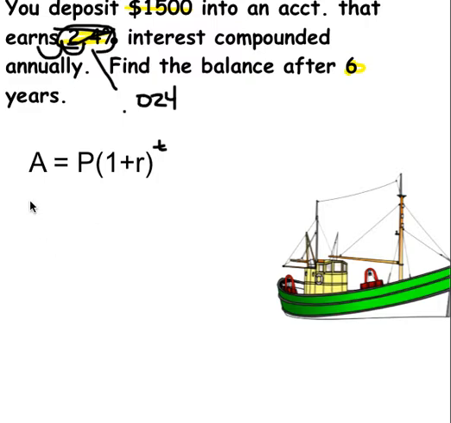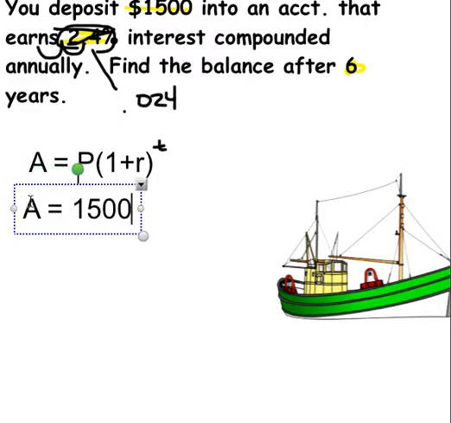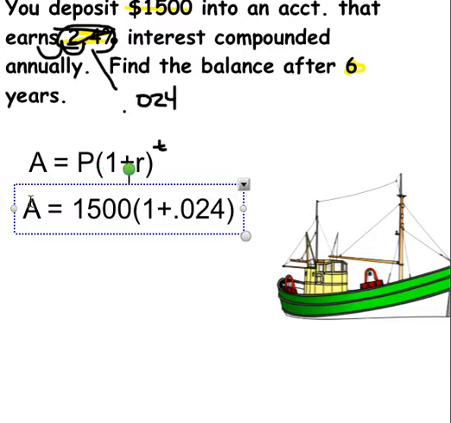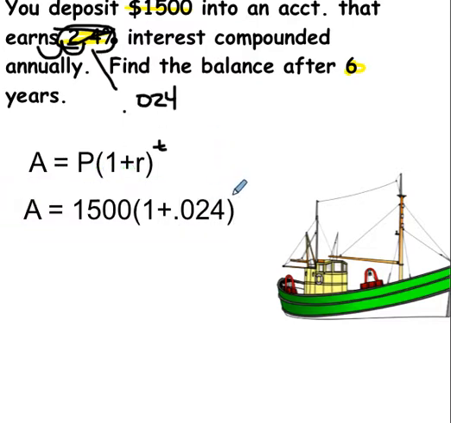Okay, so when I plug these numbers in, it looks like this. A equals my principal parenthesis 1 plus my rate, which is a decimal, 0.024 parenthesis for 6 years.